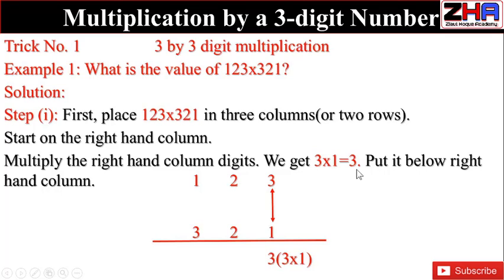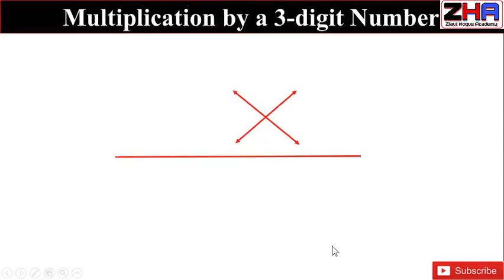We get 3 into 1 is equal to 3. Put this value 3 below the right hand column. So we get 3 into 1 is equal to 3.